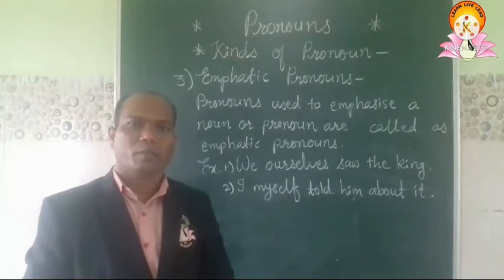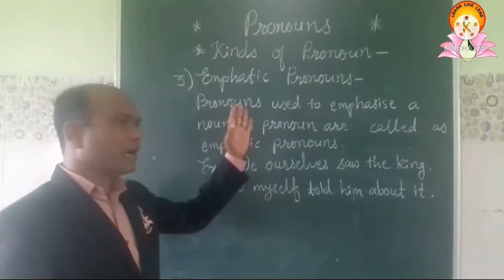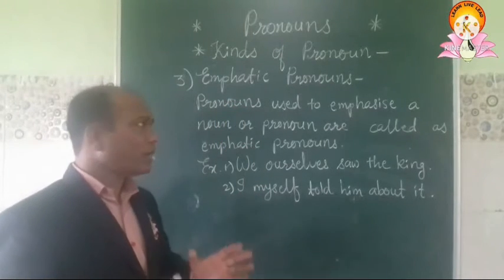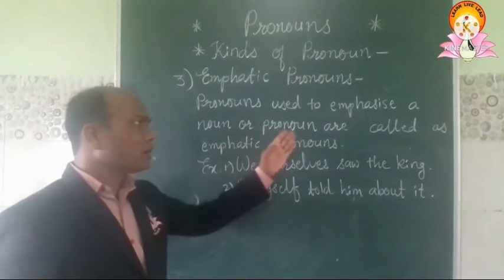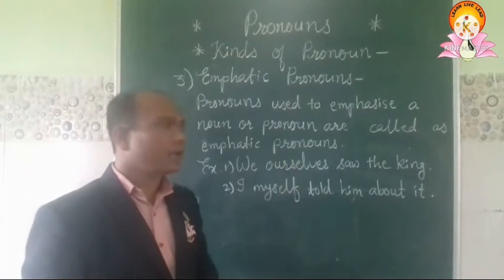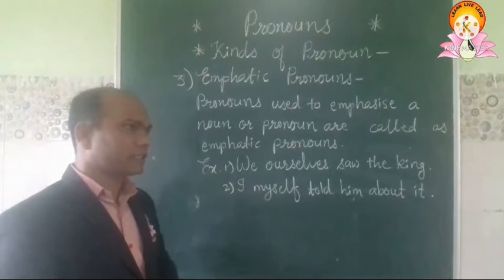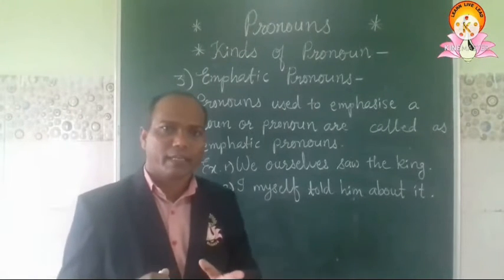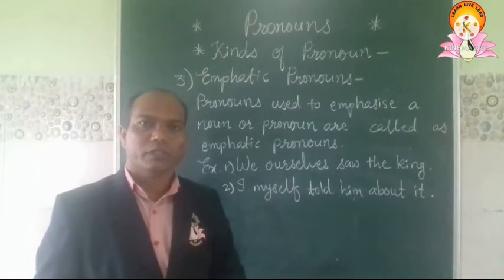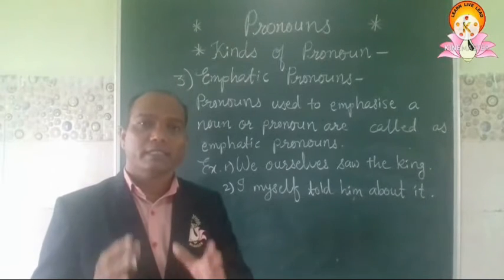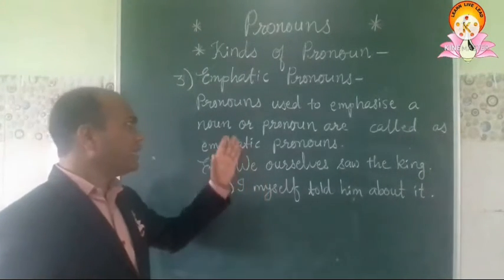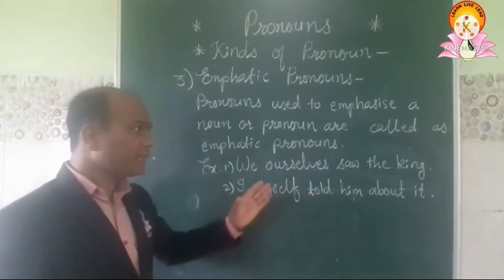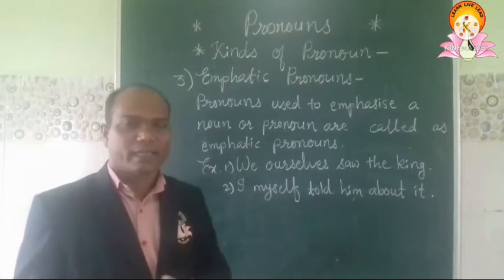The next kind of pronoun is the emphatic pronoun. Pronouns used to emphasize a noun or pronoun are called emphatic pronouns. Here, these emphatic pronouns are used for giving stress or emphasis on the nouns or the pronouns given in the particular sentence.